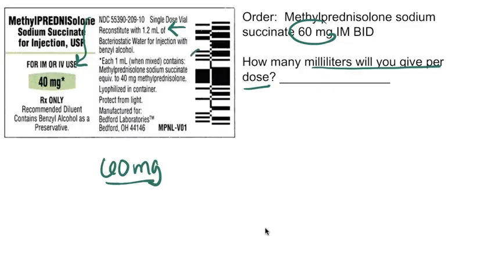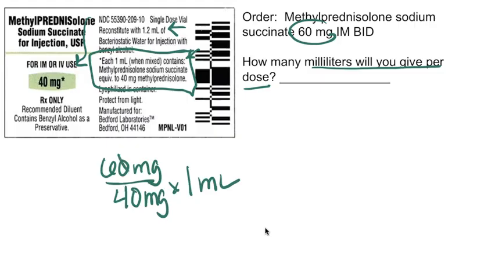And then it says right here, a little bit different than the ones we've been looking at earlier, each 1 milliliter when mixed contains methylprednisone sodium succinate equivalent to 40 milligrams. So I'm going to do 40 milligrams times 1 milliliter, okay? And I can take off a 0 on the top and a 0 on the bottom. Just, again, makes the calculator a little more friendly. 6 divided by 4 equals 1.5. My answer is 1.5 milliliters, okay?